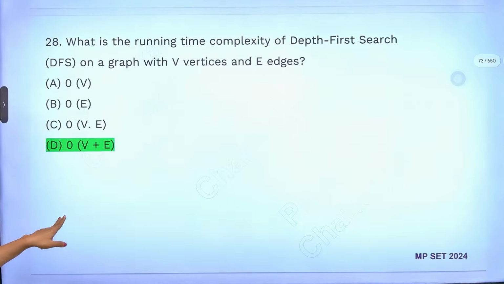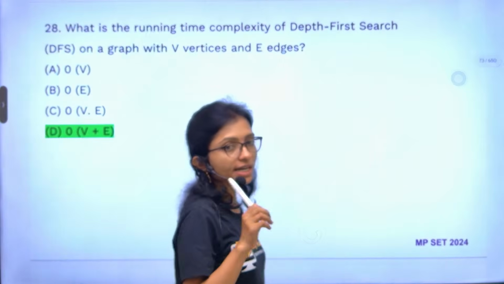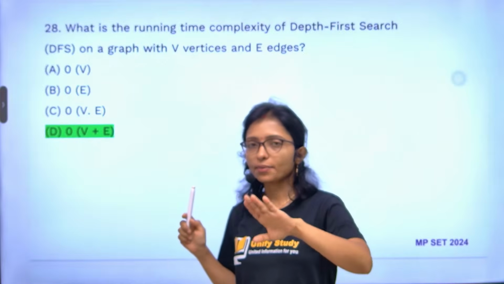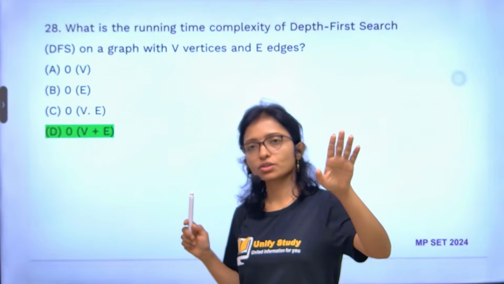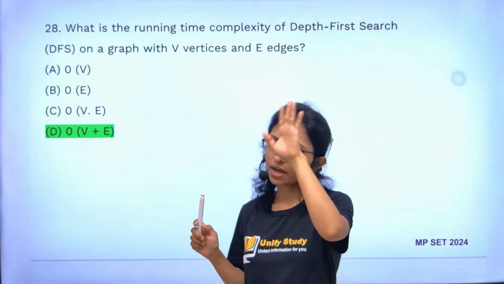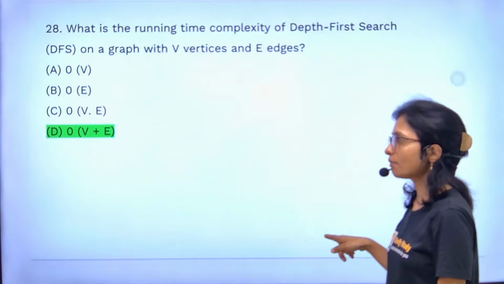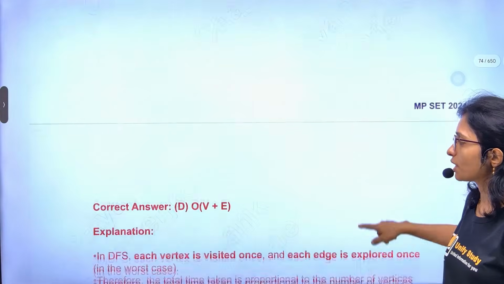Here it is order of V plus E. The time complexity of each and every algorithm must be revised before going for the exam. Time complexity for data structure algorithms is also there. AI algorithms are also there. All that time complexity must be done, because you get matching questions and this type of direct question also.